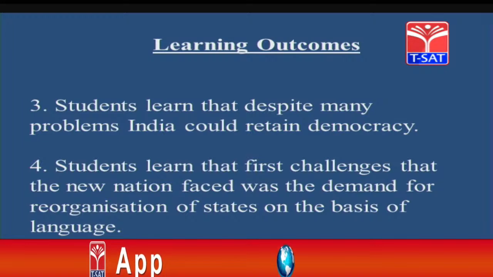of language. Students, in this lesson, we will be learning that soon after India became independent, we were trying to make a new constitution for ourselves, and the Constituent Assembly was elected in the year 1946.